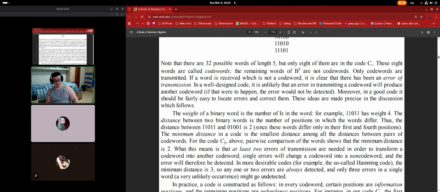That's kind of funny, because it needs to be less than half of the minimum distance for you to be able to correct the error, but what is written here is that if you reach the minimum distance, then the code word transformation happens, right? Yeah.